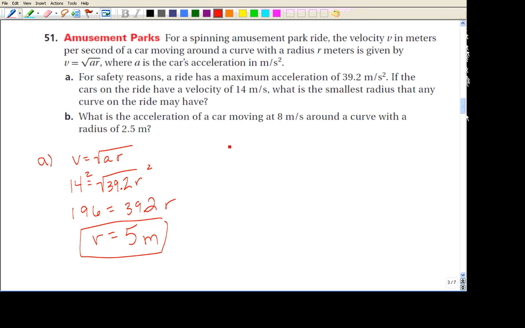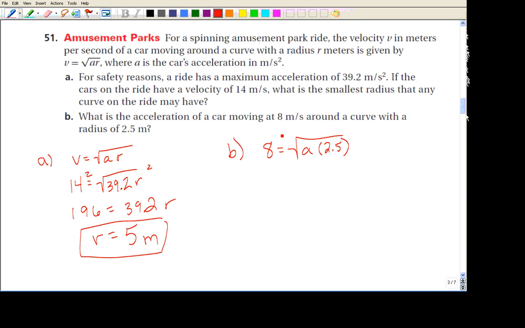Okay, and then part B. What is the acceleration of a car moving at 8 meters per second around a curve with a radius of 2.5? So this time we're going to solve for a. The velocity is 8 equals the square root of a times the radius, 2.5.